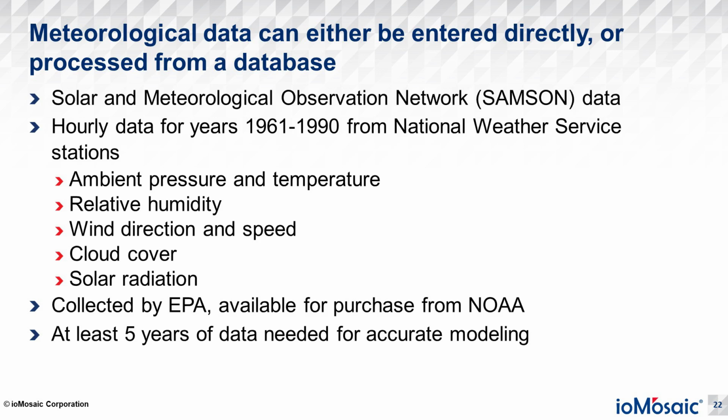And that data has hourly data for ambient pressure and temperature, humidity, wind direction, cloud cover, and solar radiation. And we want to have at least 5 years worth of data for an accurate representation of meteorological conditions.